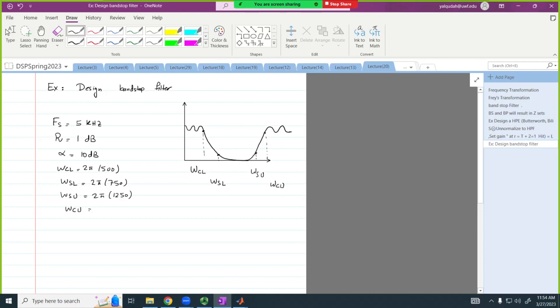Omega cutoff upper equal to 2 pi multiplied by 1500. And we're going to design, apparently this is a Chebyshev type 1 filter, and we're going to use bilinear transformation.